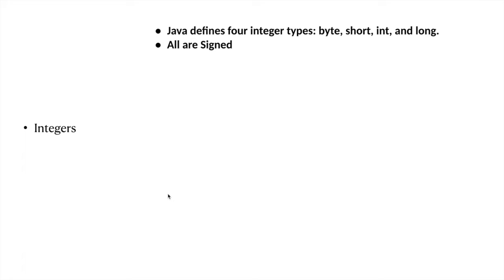So when we say integers, as we have discussed, integers define mainly the four integral types, and these include byte, short, int, and long, and all are signed. When we say signed, it includes both negative and positive integer numbers, and Java doesn't consider the concept of unsigned integer.